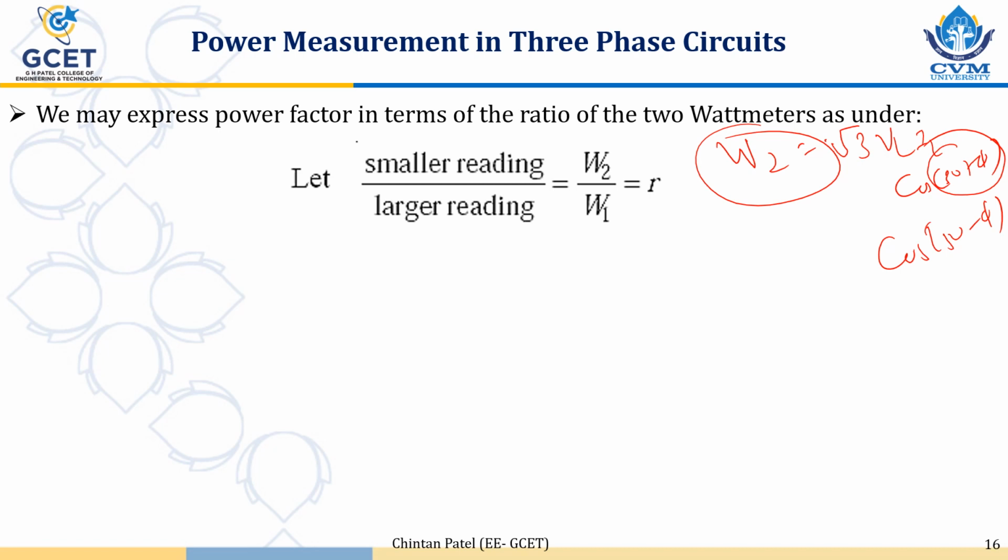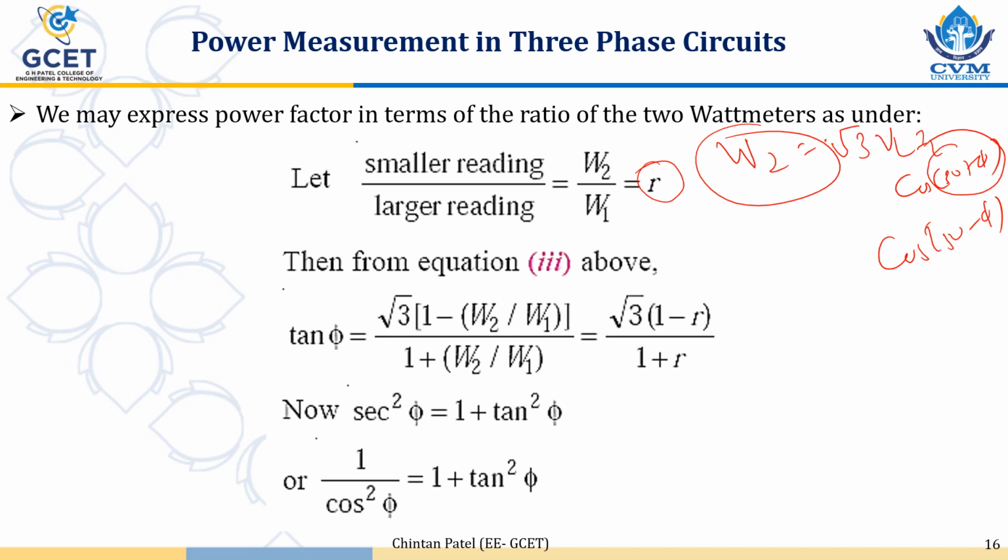So if we take the ratio of smaller reading to larger reading, W2 divided by W1, we give it the name R. Then from equation 3, that is tan phi equal to root 3 (W1 minus W2) divided by (W1 plus W2), we can rearrange it like root 3 (1 minus W2 upon W1) over (1 plus W2 upon W1).